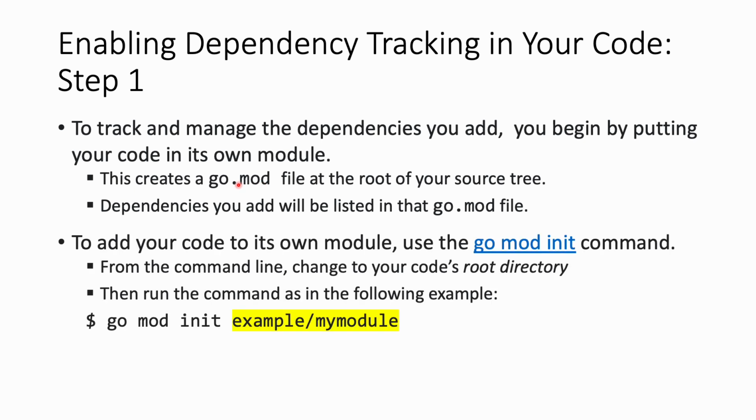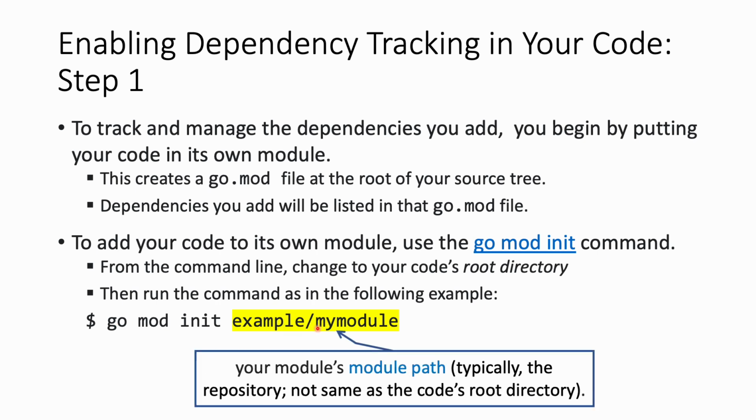To add your code to its own module, use the go mod init command. For example, from the command line, change to your code's root directory and then run the command as in this example. The argument of the go mod init command is the path of your module.